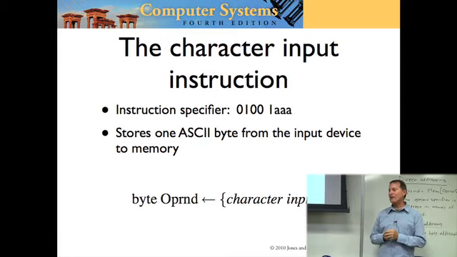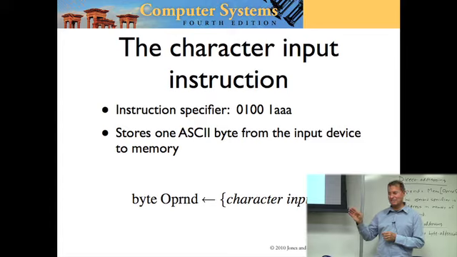Now, how does information flow with an input instruction? Onto the bus. From where? This is the character input, so where does it come from? It comes from the input device.